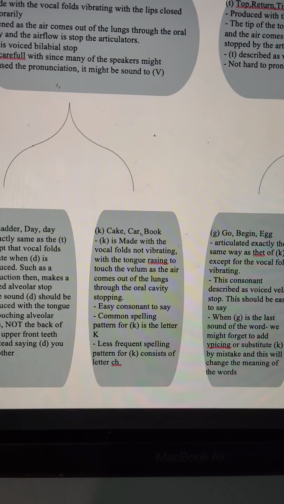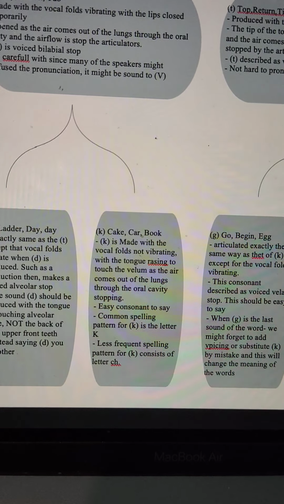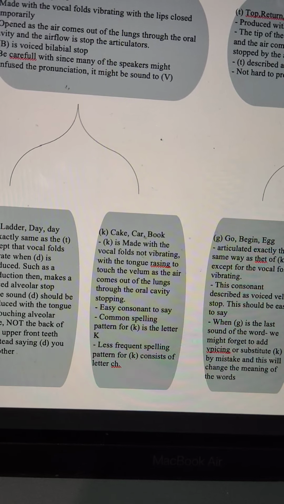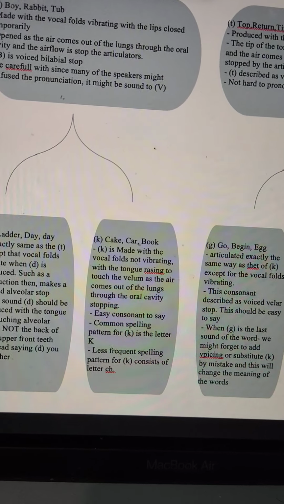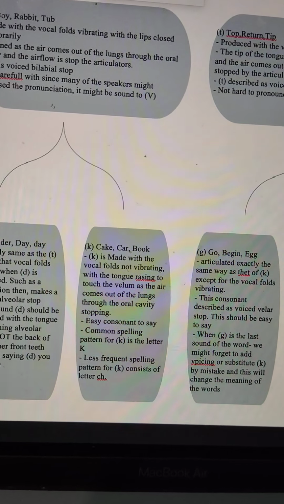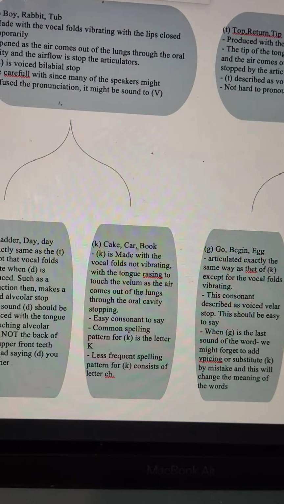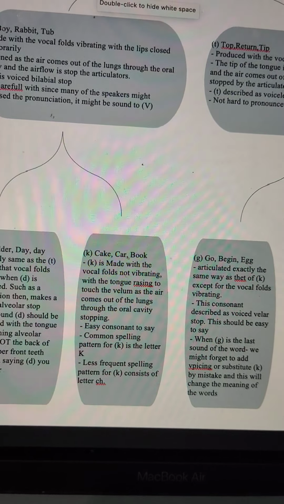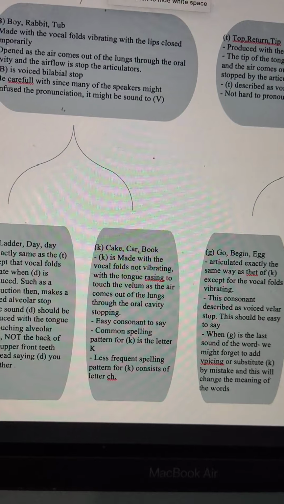The following are the common spelling patterns for the sound K. A less frequent spelling pattern for K consists of the letters ch, like in chrome, mechanic, and Christmas.